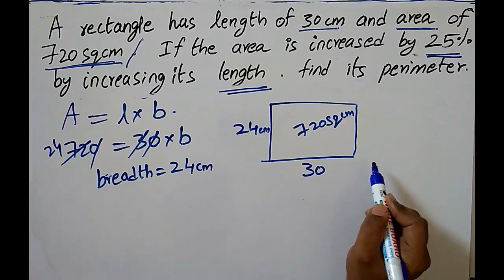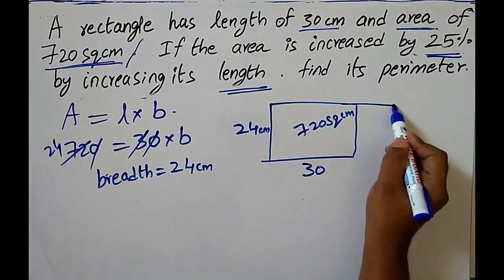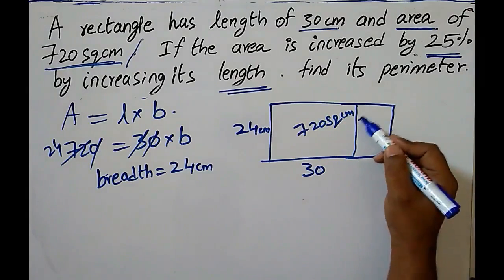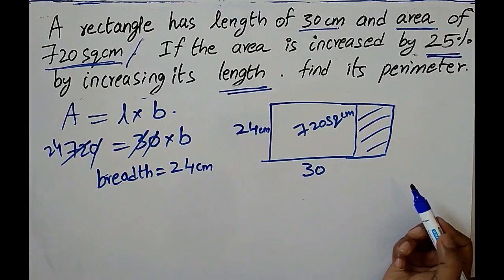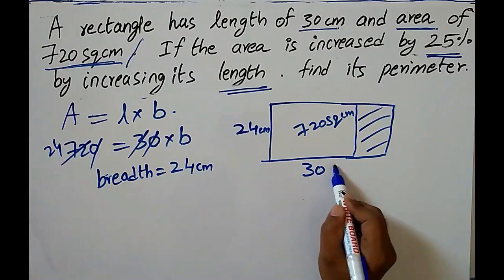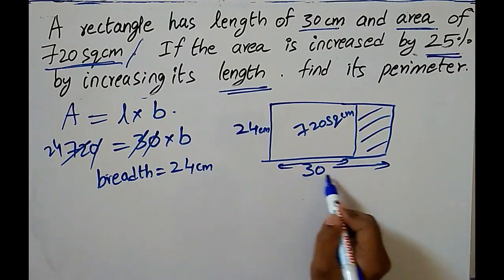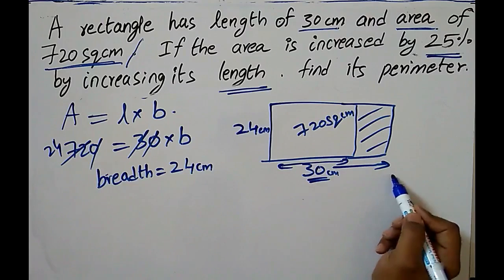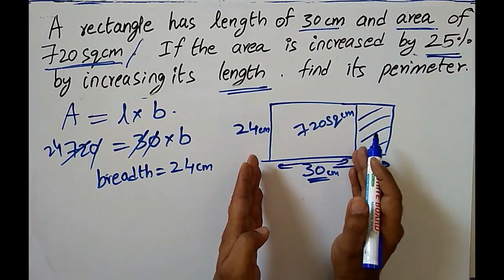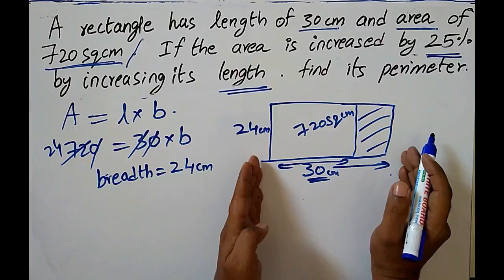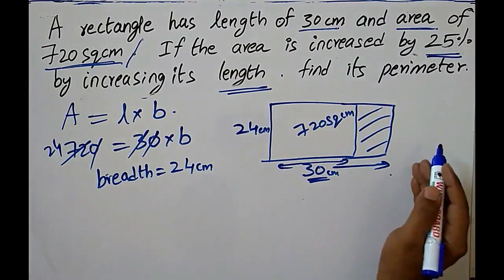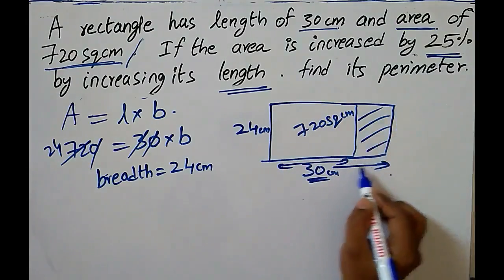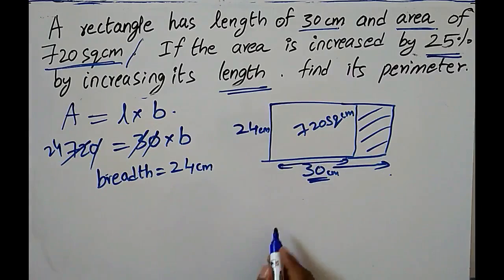What he is saying is that the area is increased by 25%, this is extra 25%, by increasing the length. So we have to increase this 30 centimeters to some value so that the area of the rectangle increases by 25%.